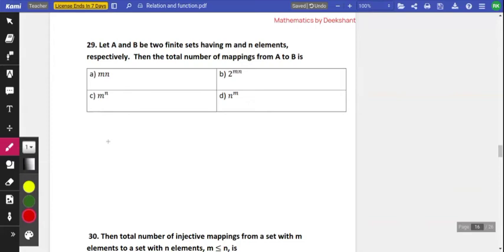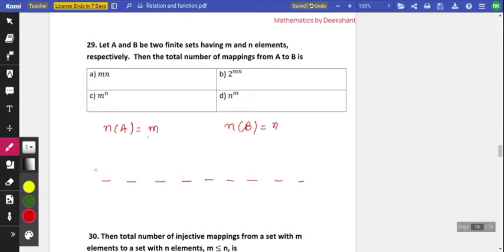A and B are two finite sets having M and N elements. The total number of mappings from A to B is? In this question, the number of elements in A is M and the number of elements in B is N. We have a total of M spaces. We solve this question just like in permutation and combination.